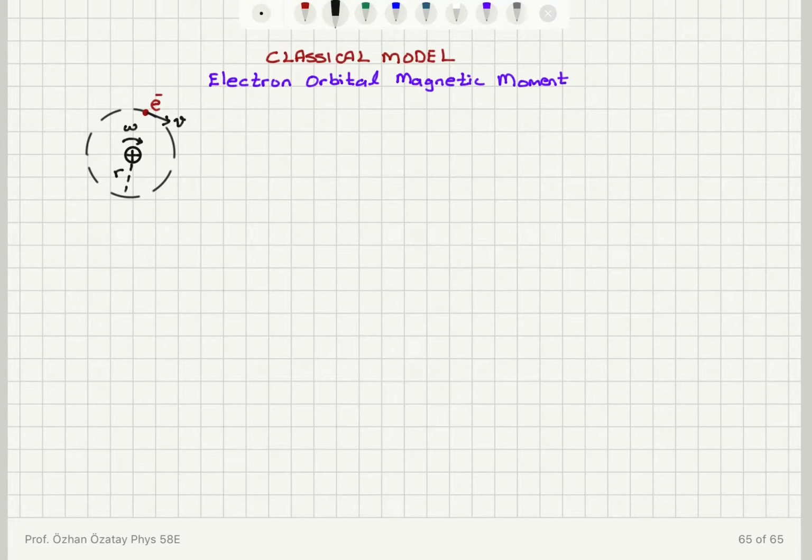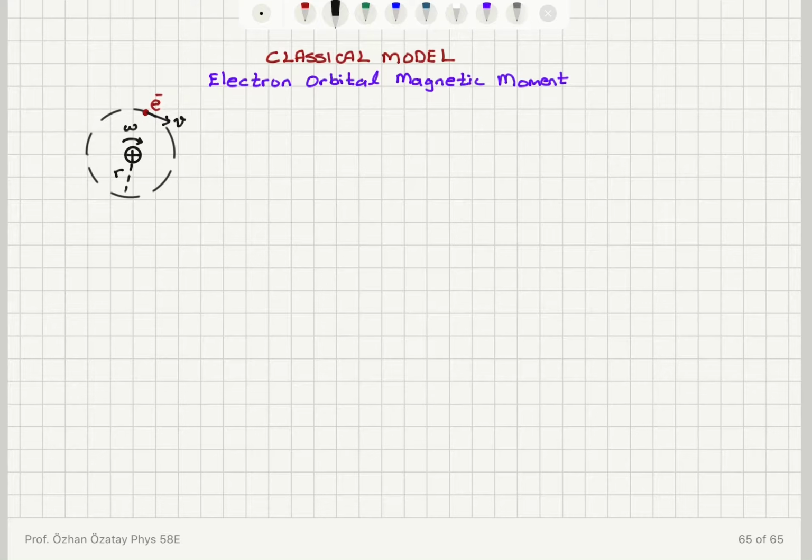Now I have an electron here that is moving with a tangential velocity v on an orbit which has a radius r with respect to the nucleus, which has a positive charge, a proton, and the angular speed of the electron I call omega. So basically I'm assuming a uniform circular motion of the electron.